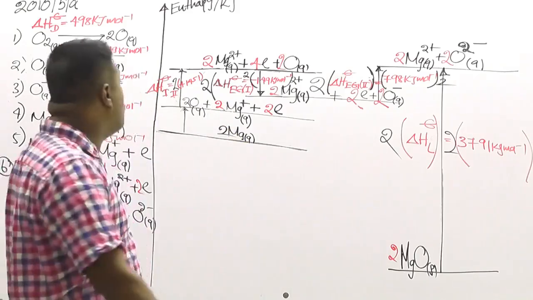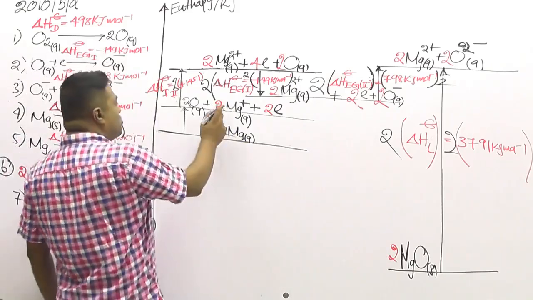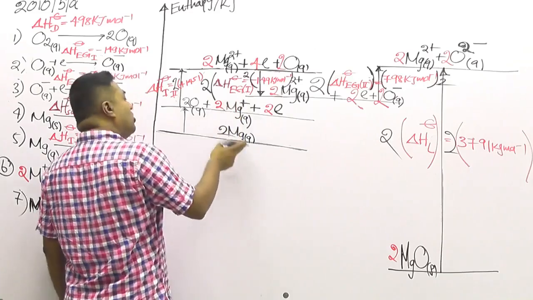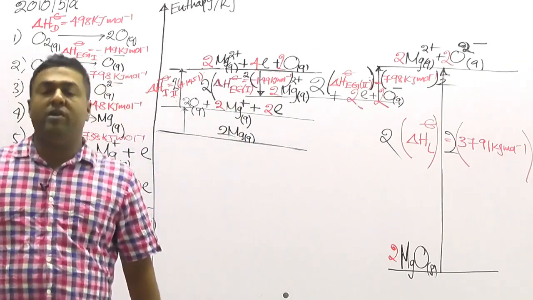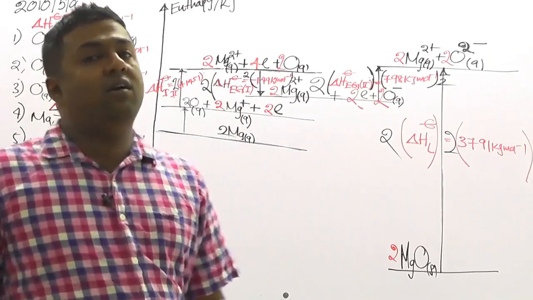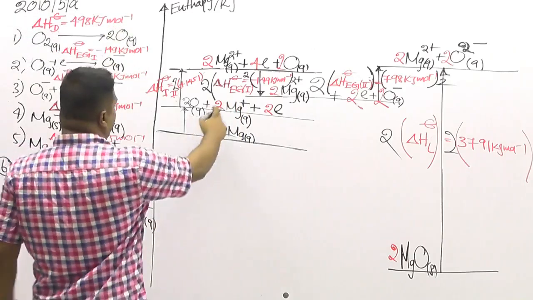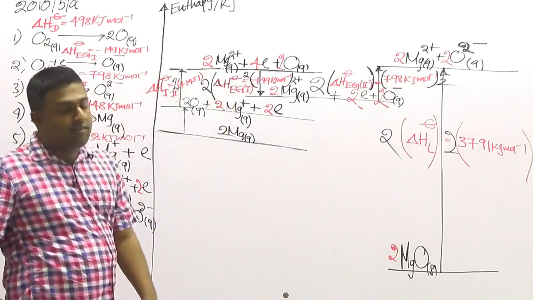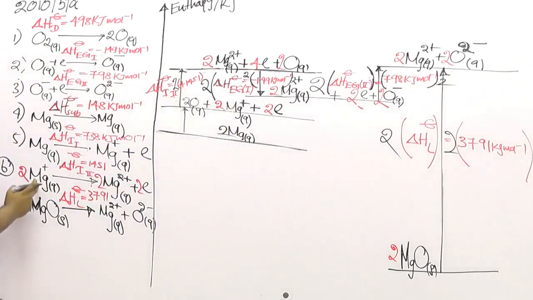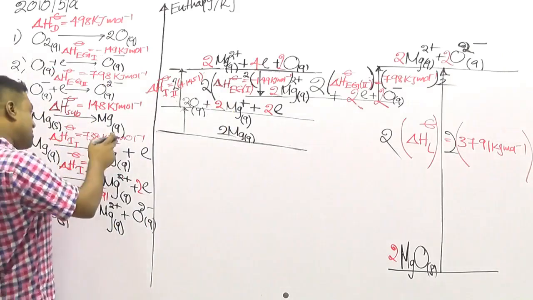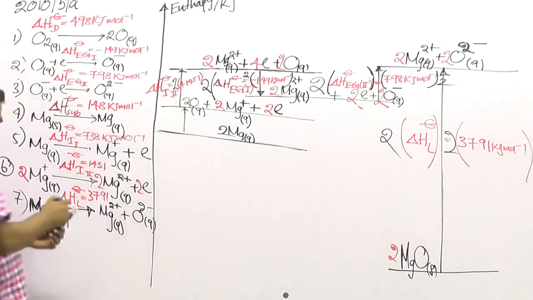In that conversion, 1 Mg gas produces 1 Mg plus and 1 electron.